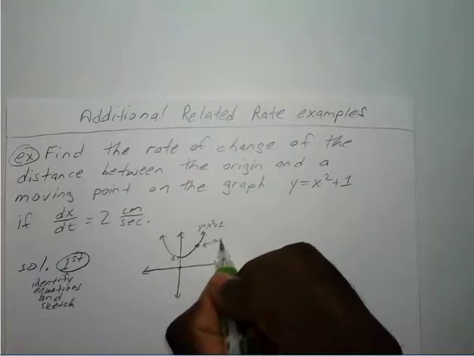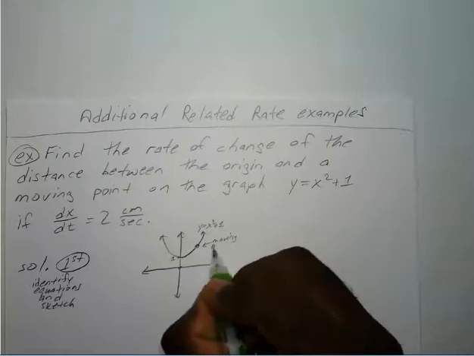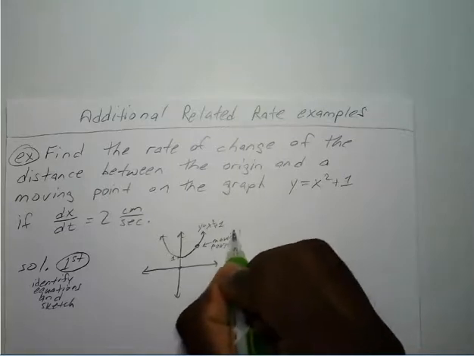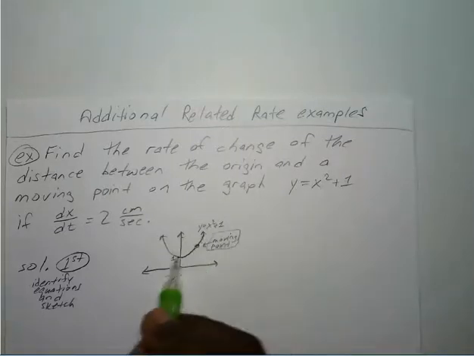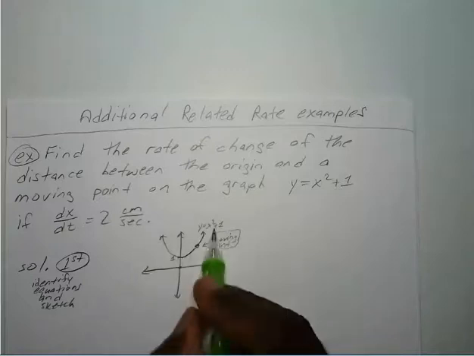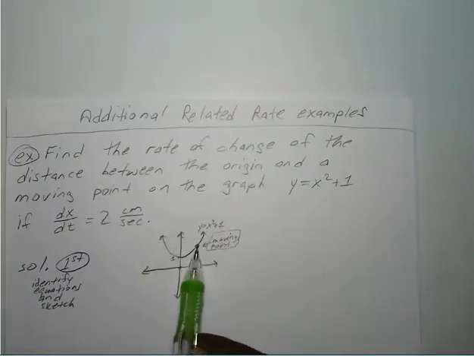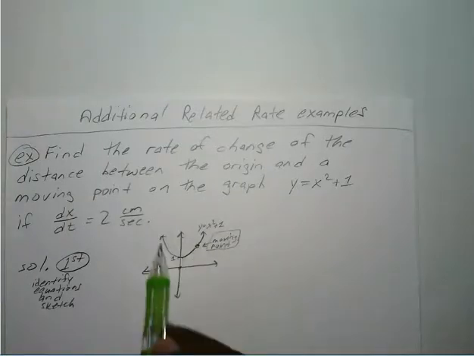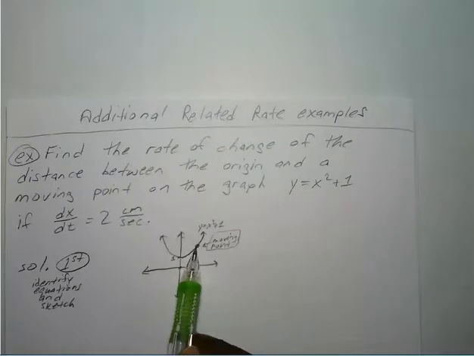So this is your moving point. We don't exactly know where it is at this moment, but we just have to be able to solve for it. We're almost like taking a screenshot of it moving back and forth, to just right there.